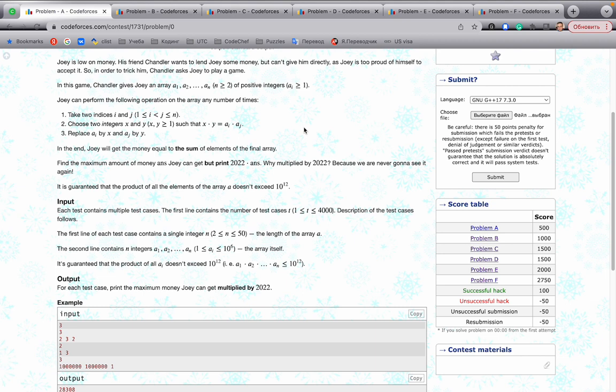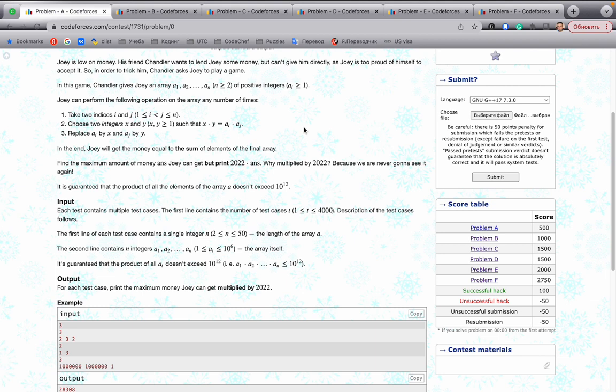And in this case, we can see that if we have just two numbers, x and y, it's better to get 1 and x times y, so we get xy plus 1.